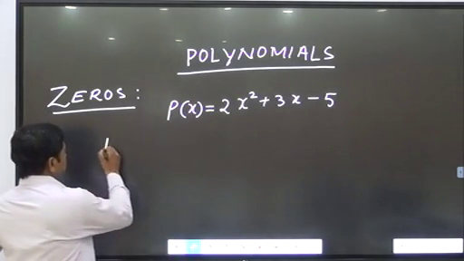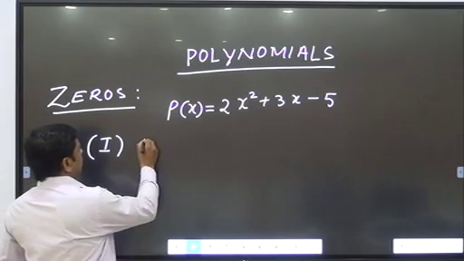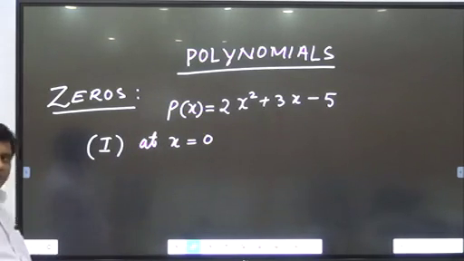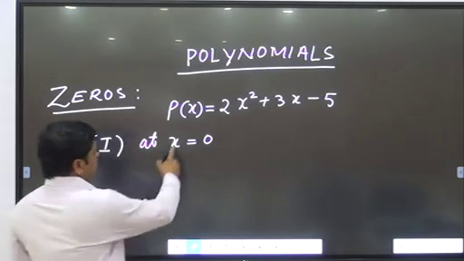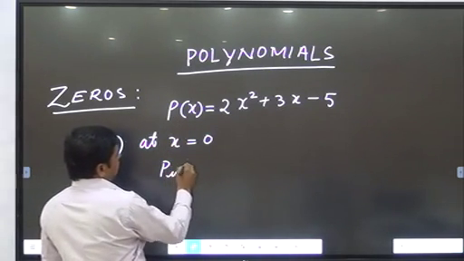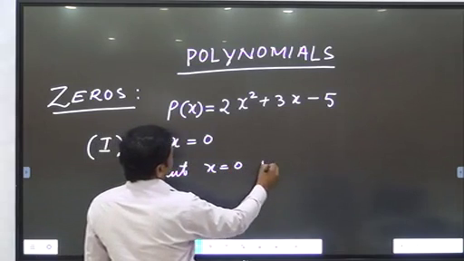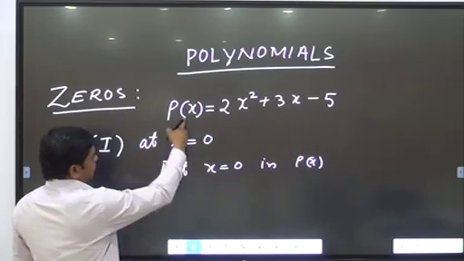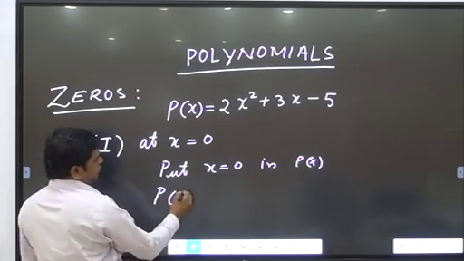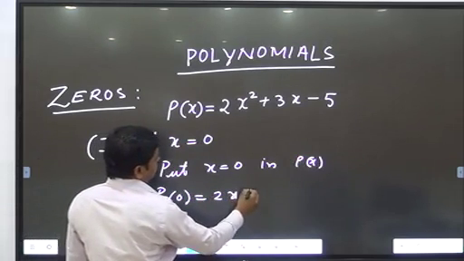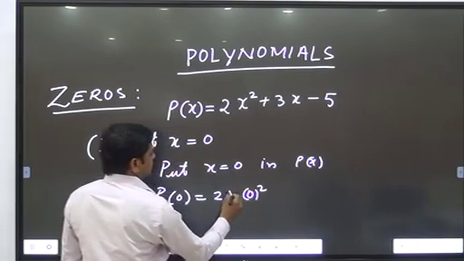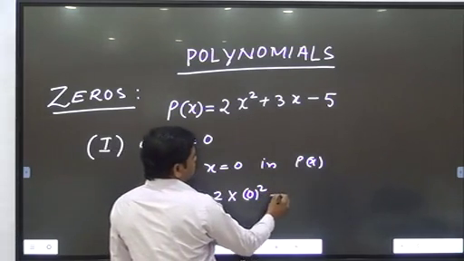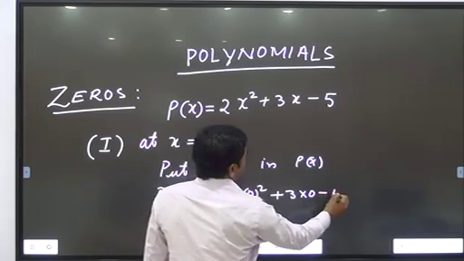First, at x equal to 0. Put x equal to 0 in P(x). So in place of x we put 0: P(0) equal to 2 into 0 square, because it is x square, so it converts into 0 square, plus 3 into 0 minus 5.